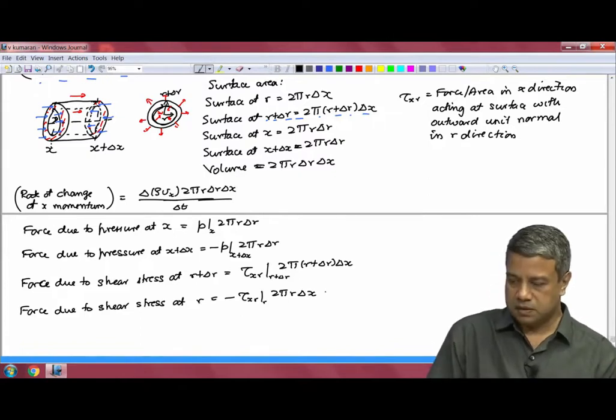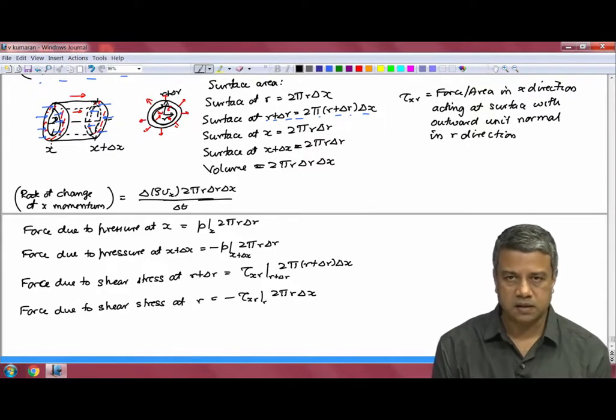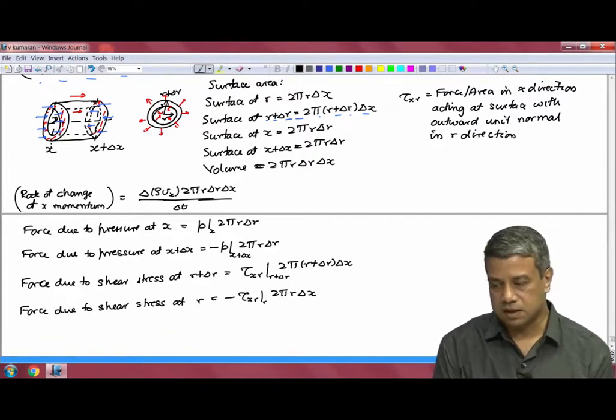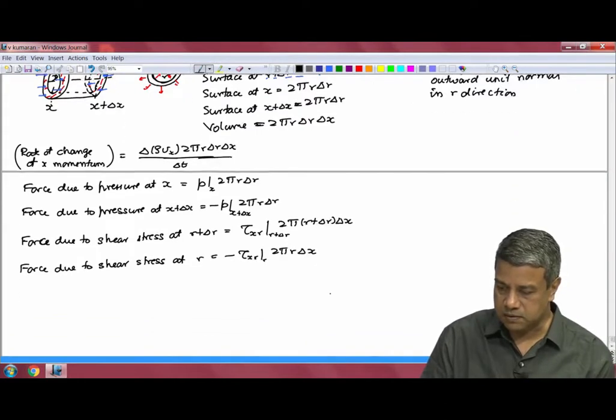So it is in the minus x direction. If the normal were in the plus r direction, the force would be plus tau x r; since it is in the minus r direction, the force is minus tau x r.